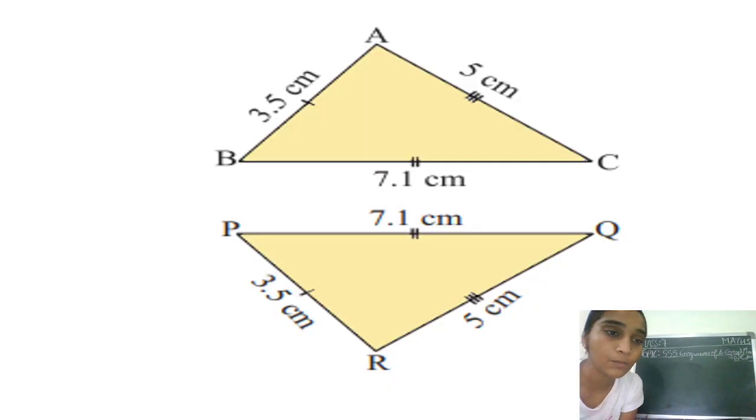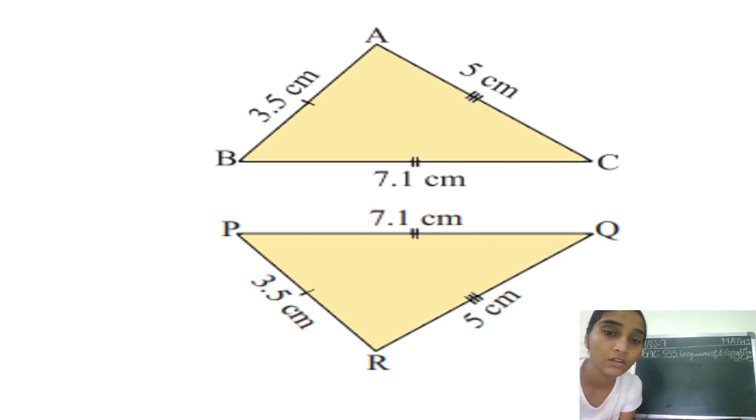Now students, focus upon these two triangles and tell me whether some information is given to us here or not. Yes, the information given to us is the measurements. For example, in triangle ABC they have given AB as 3.5 and AC as 5 and BC as 7.1.